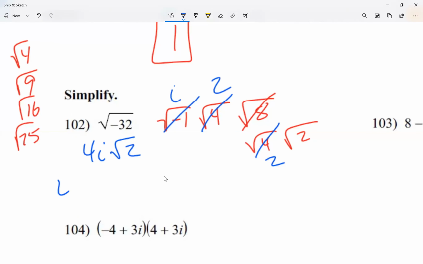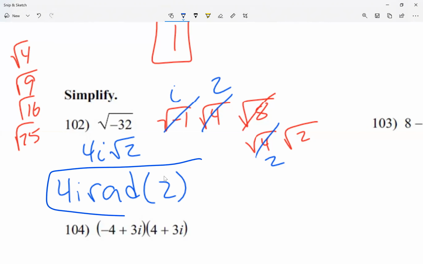We're going to go 4i, RAD for radical, and then inside parentheses 2. 4i radical 2. Okay? Don't forget the parentheses, the 2 inside parentheses, because there's a 2 inside the radical. So we use RAD for radical.